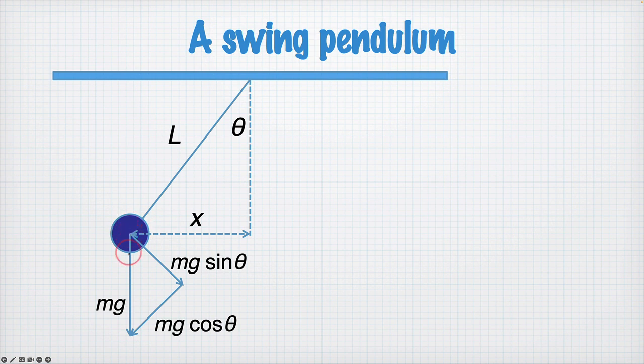The force due to gravity is mg. We break the force due to gravity up into two components. The interesting component to us is that which is perpendicular to the string, that is mg sine theta, and this is the force that is applying a torque to this mass. If we have a torque, we have circular motion, so we're going to use angular equations of motion.